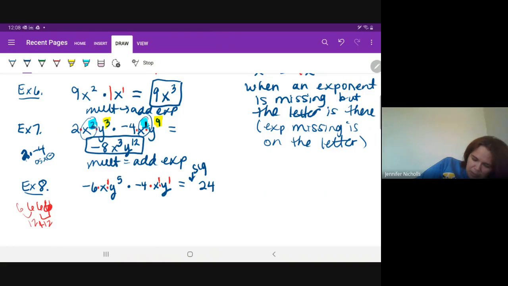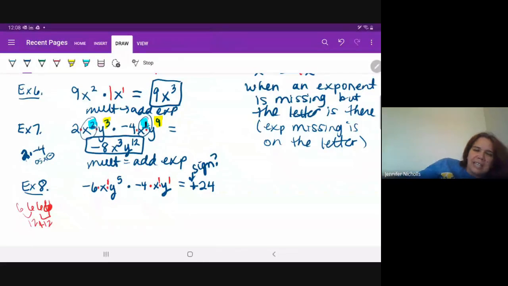Let's ask ourselves about the sign. Is the sign plus or minus on his 24? Plus, I agree. I usually put the plus so that I remember that I asked my brain, is it positive or negative?